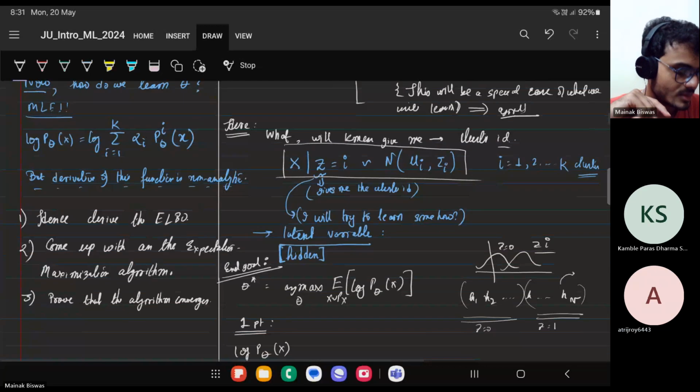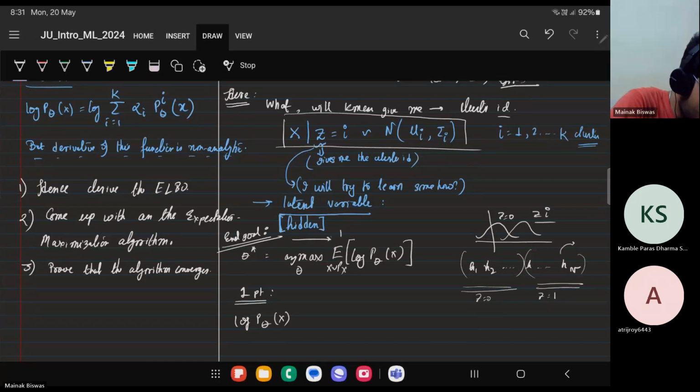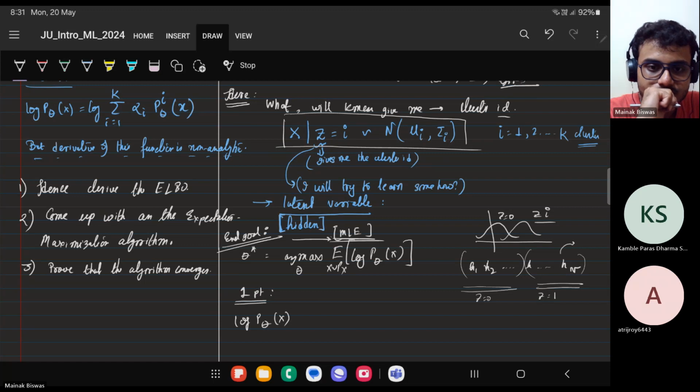Okay. So now you tell me, how do I introduce this latent variable in the maximum likelihood term? In the maximum likelihood term, there is no latent variable. How can I introduce it? If you want to introduce any random variable to a probability, what do you do? Do conditional.